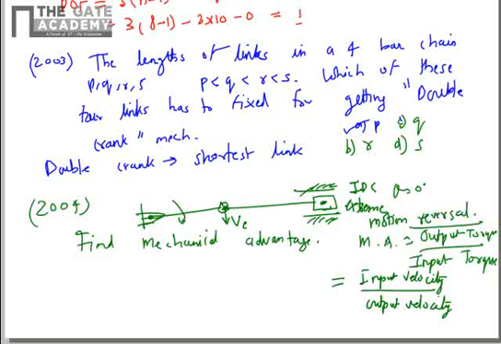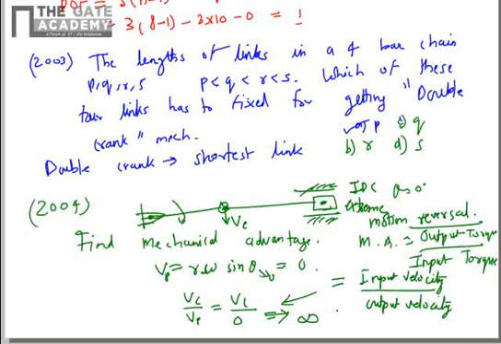You can also substitute theta equal to 0 in the expression: the velocity of the piston is equal to r omega sine theta, and if you put theta equal to 0, we get 0. So the output velocity Vp is 0, and the mechanical advantage is Vc by Vp. Vc is some finite value we don't know, but Vp is 0, so this expression will tend to infinity.